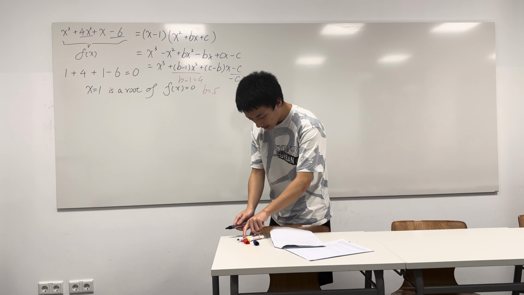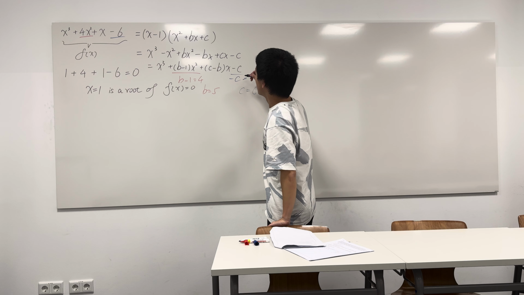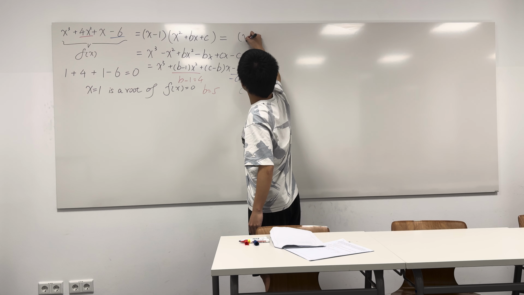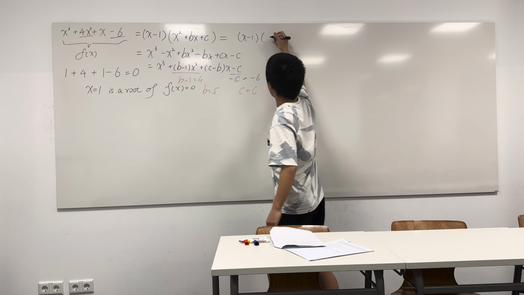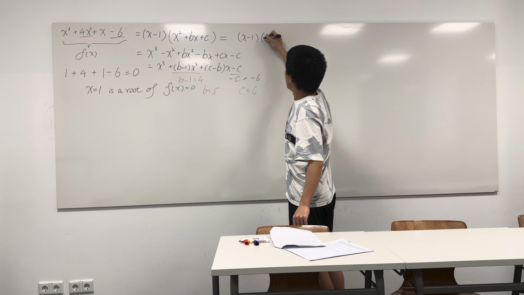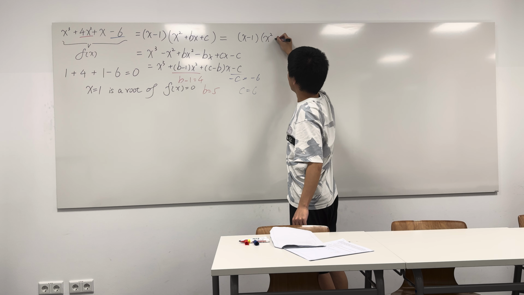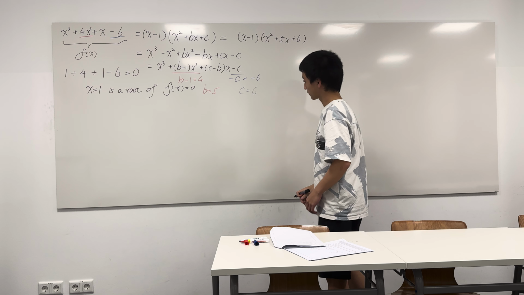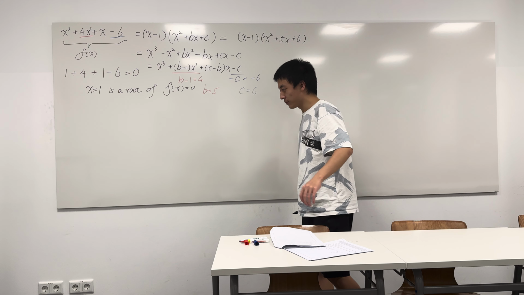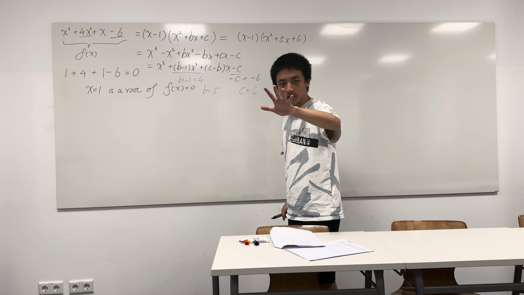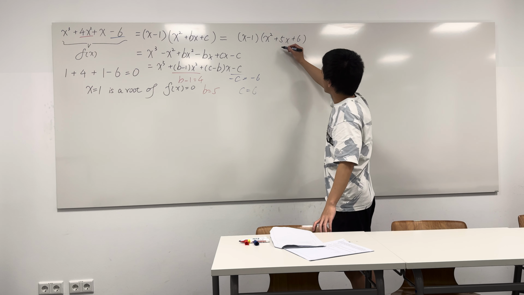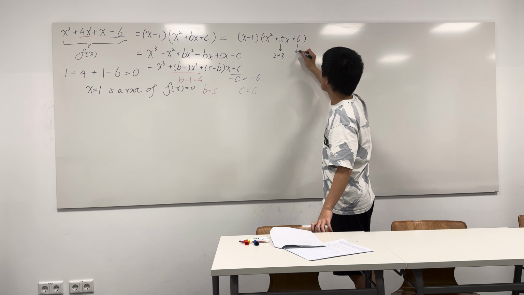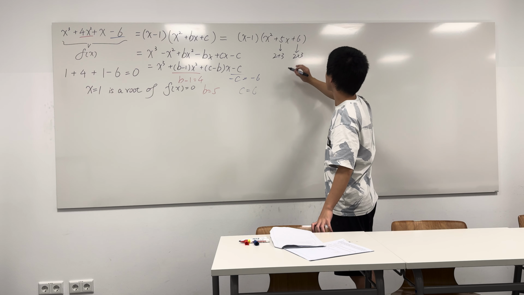Then it's not finished. We know it's equal to x minus 1 times x squared plus 5x plus 6. If you have a good feeling for numbers, you realize that 5 is equal to 2 plus 3, and 6 is equal to 2 times 3.